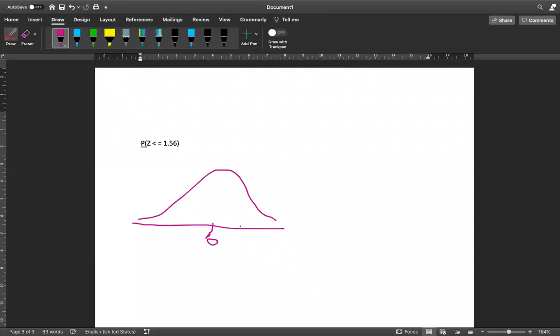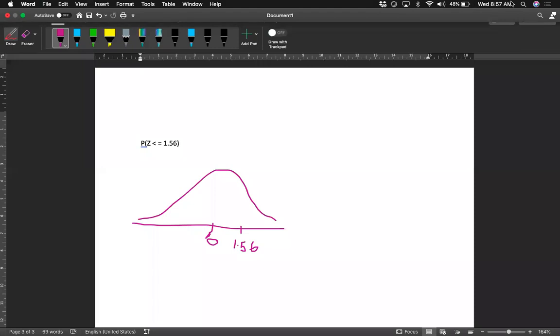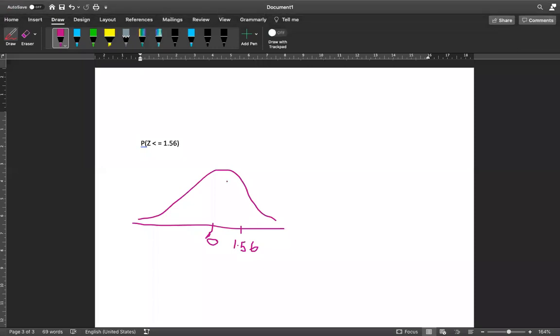So 1.56 is somewhere here, right? But what is the area of interest? We shade all the way from the left to 1.56. That is great. So all of these parts, right?